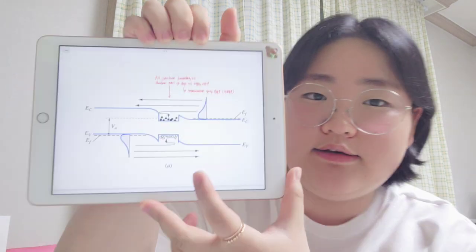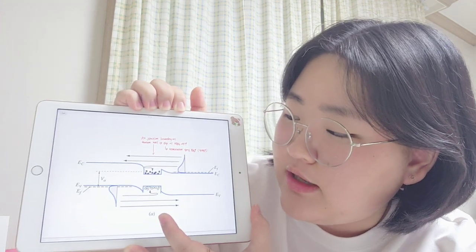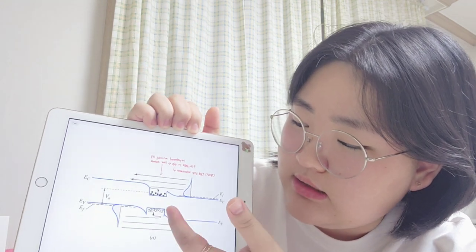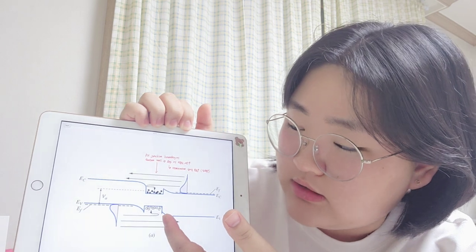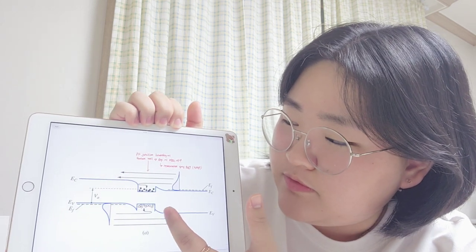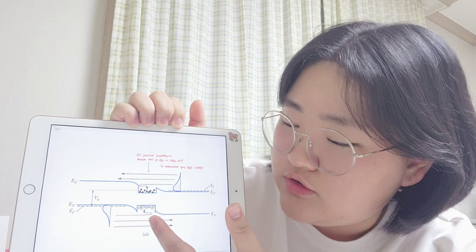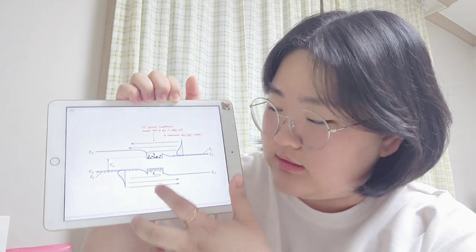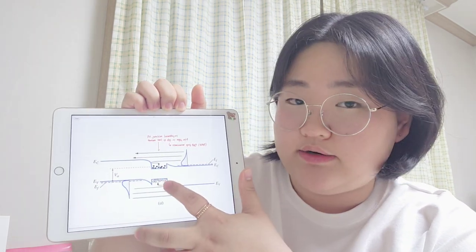To make a good LED, we have to make them stay a longer time in the depletion region. So we can make a device like this. If we make a quantum well in the depletion region, the electrons which move to the other side are trapped in this, and the holes are trapped in this area too.